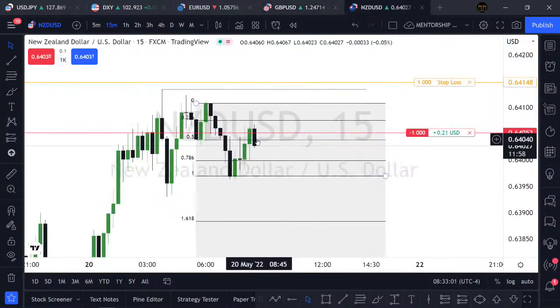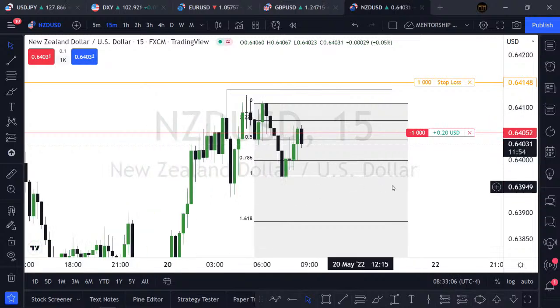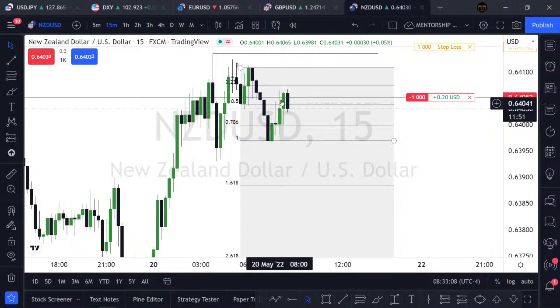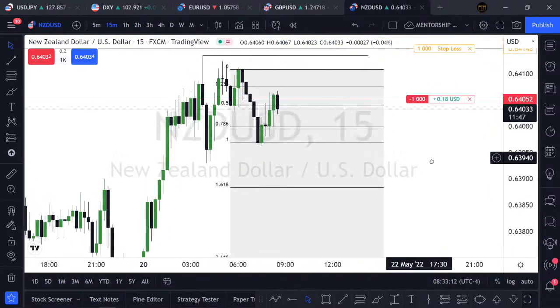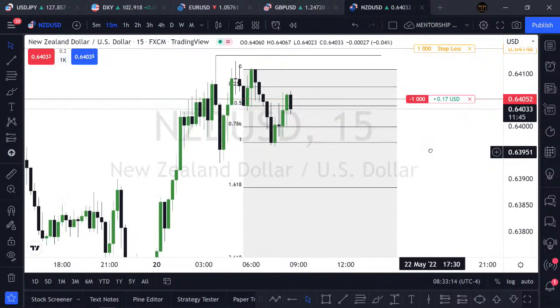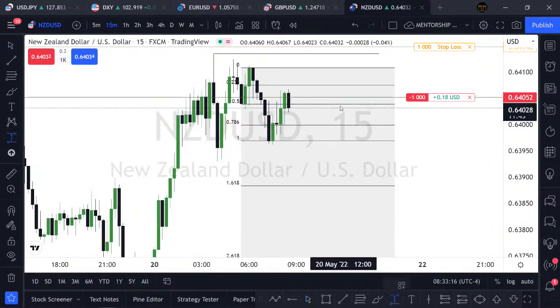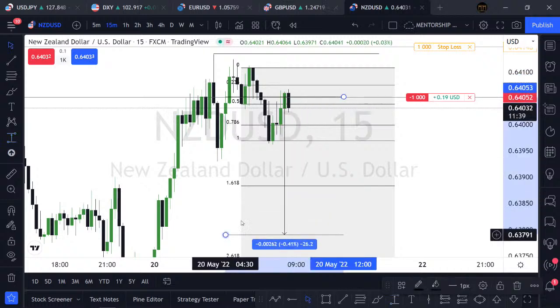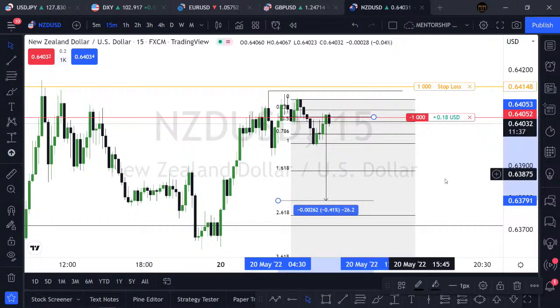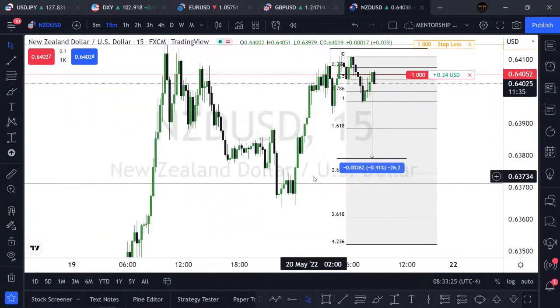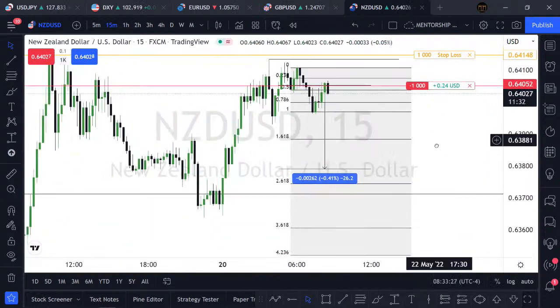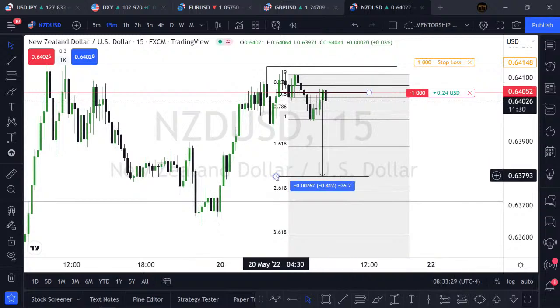The New Zealand dollar, just like we somehow predicted, we want to see it sell. We want to see this one sell, looking for only 50 pips. Now it might not, okay, I'm looking for only 50 pips.